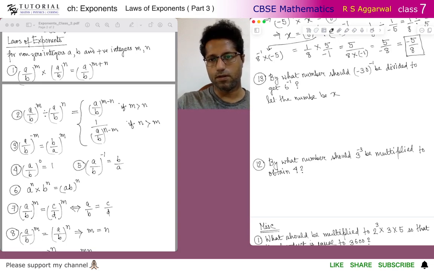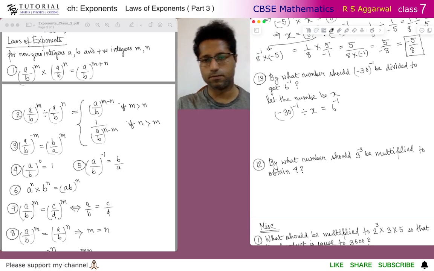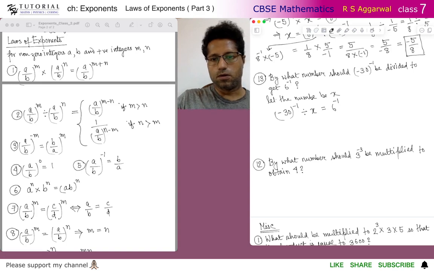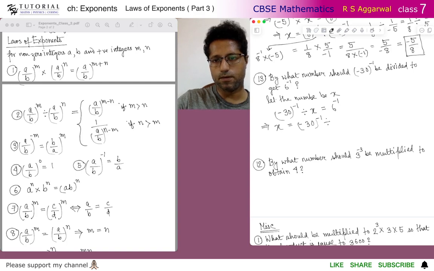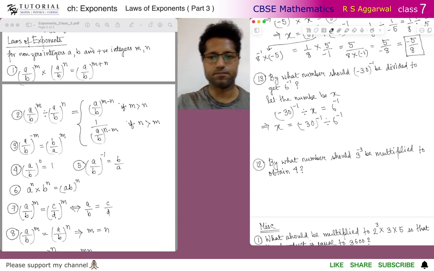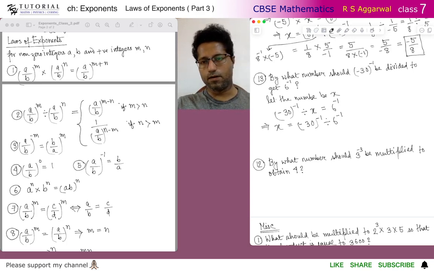So we will have, if we divide minus 30 to the power minus 1 by x, we should get 6 to the power minus 1. Now this implies, from this mathematical statement, we know that x equals minus 30 to the power minus 1 divided by 6 to the power minus 1. So again we see that it's a division of two exponents, and the divisor is a reciprocal.